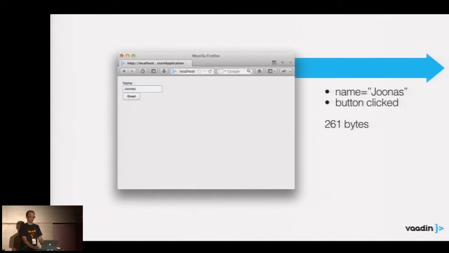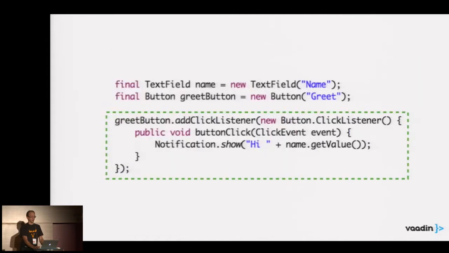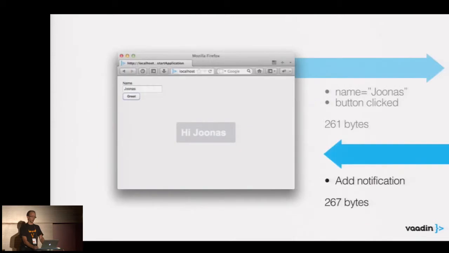So it's a really small message, which then invokes on the server the click listener, which in turn will call the notification class of Vaadin, which will show a notification to the user. So it will send back just a short message that adds a notification on the screen that says, "Hi Jonas." So this way the communication is handled completely by the framework, also the client side.